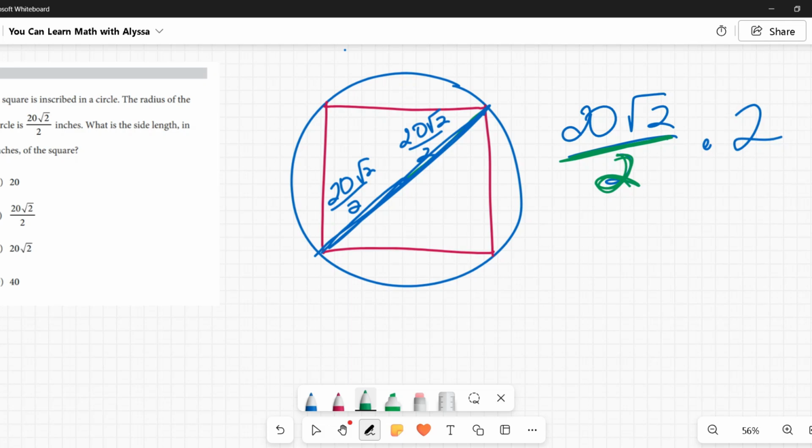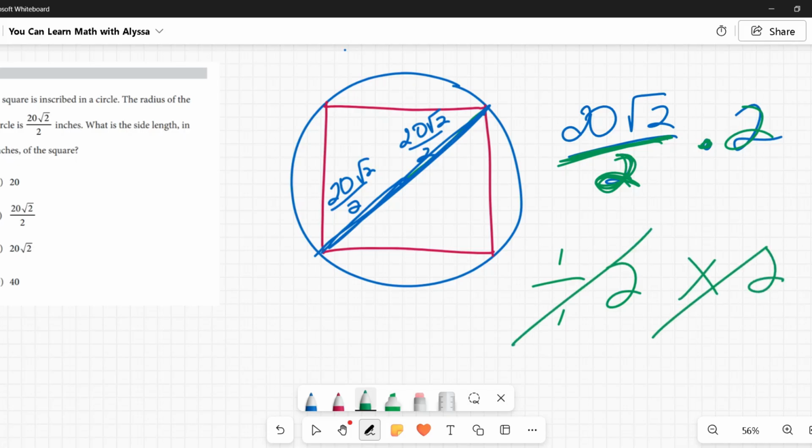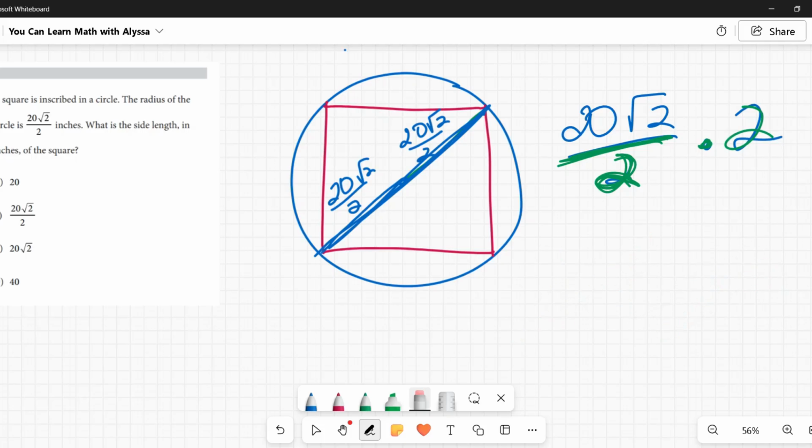So if I divide something by 2 and then multiply by 2, those cancel out. So that's what I've done here. The over 2 times 2 cancel out, and I'm just left with 20 square root of 2.